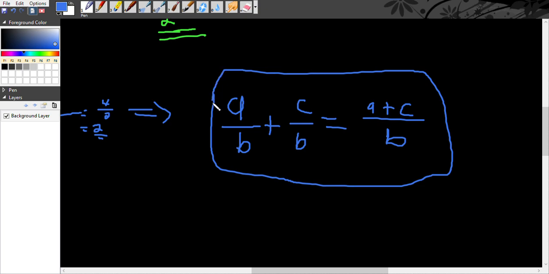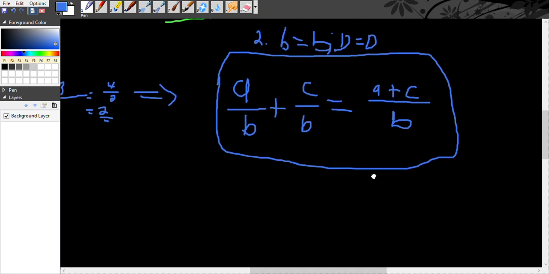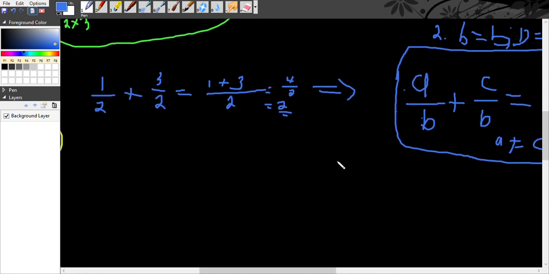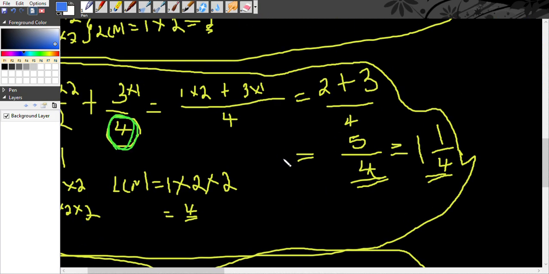There we go. This is rule 2, when denominators are the same. When B is equal to D, when the denominators are the same, we can do that, and A is not equal to C. Therefore, okay, so what else can we do?